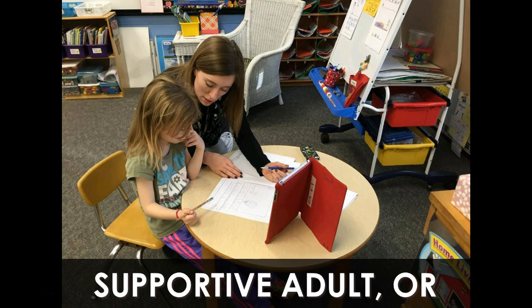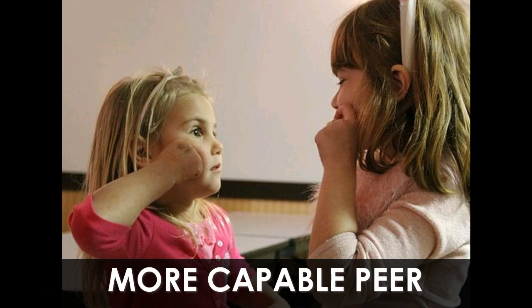So scaffolding can happen with a supportive adult who provides those different types of strategies to scaffold for learning, or even a more capable peer. So it's somebody who may be at a higher level of development that might be modeling or providing cues and suggestions.